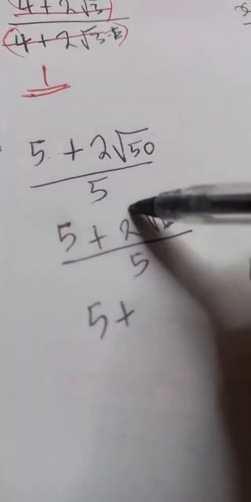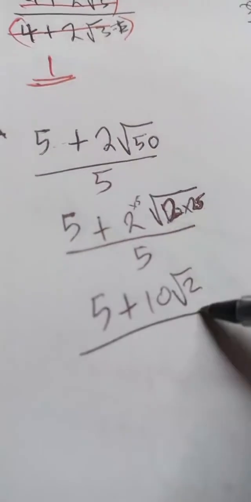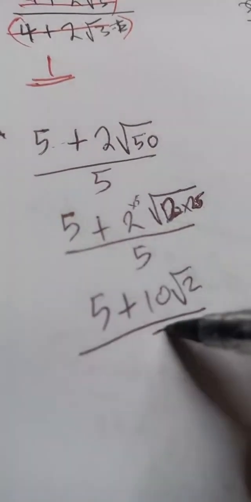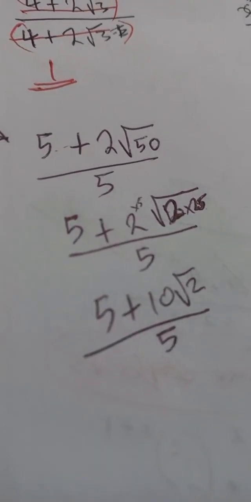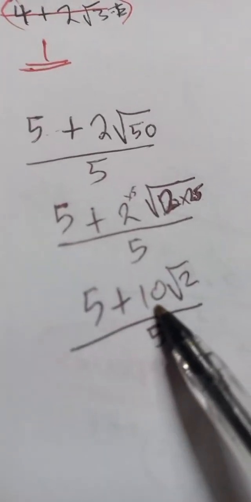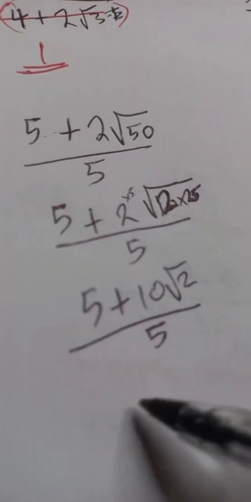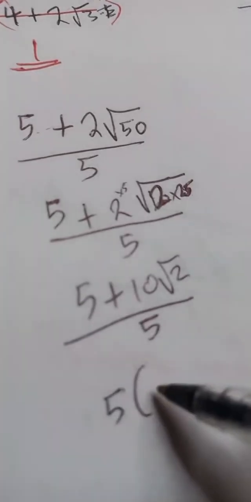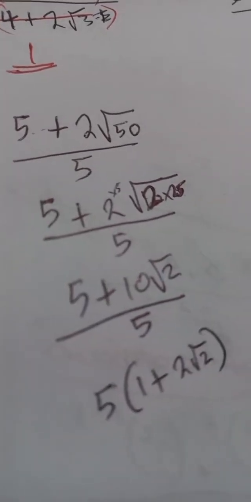So 5 times 2 is 10. 10 square root of 2 over 5. You see? Now we have 5 here, and this is 5 times 2, which means we can factorize. So it's going to be 5 bracket 1 plus 2 square root of 2 close.